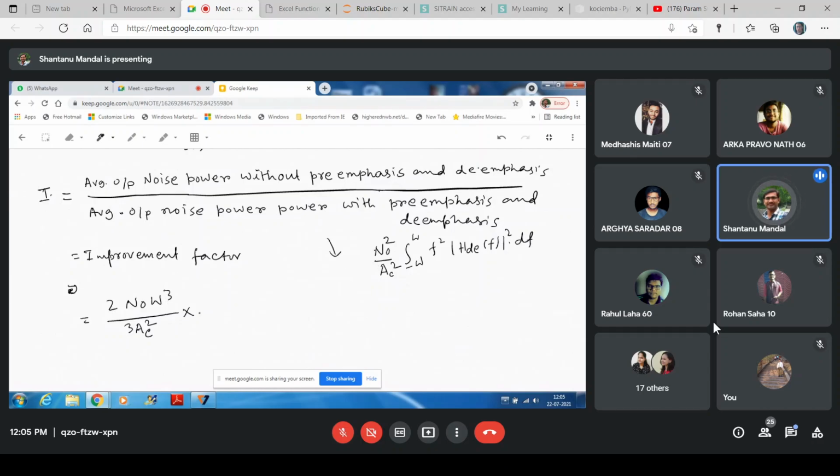So put this value, that is AC square by N0 square into the integral from minus W to plus W of f square into H of D f square df.